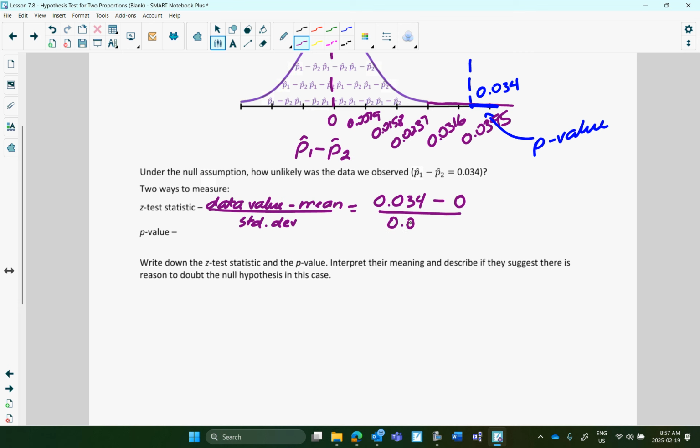That was 0.0079. And that gives us about 4.3, which you can see on the graph fits, because we are about 1, 2, 3, 4, and a little less than half standard errors away from the mean.